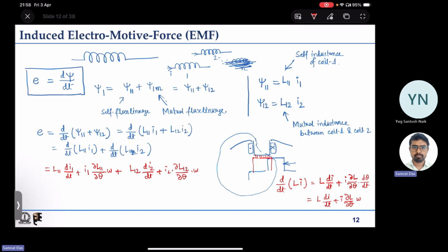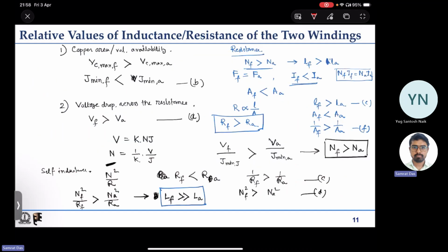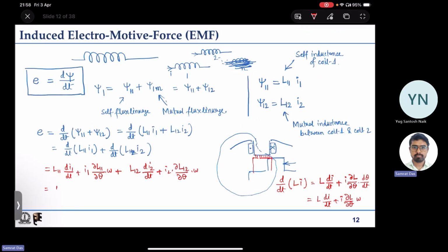Now let us take the speed dependent terms together, and the terms which are not speed dependent together. One part is L11 di1/dt plus L12 di2/dt. Both these terms do not depend on the speed.